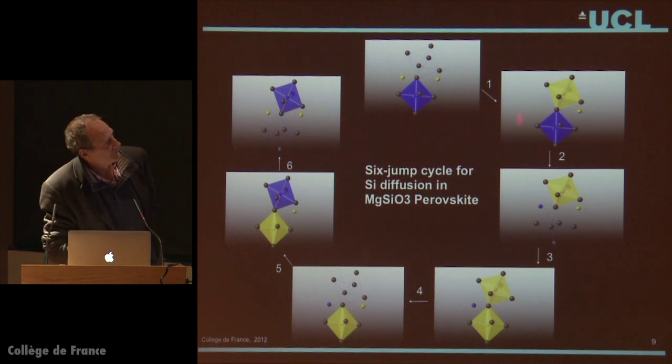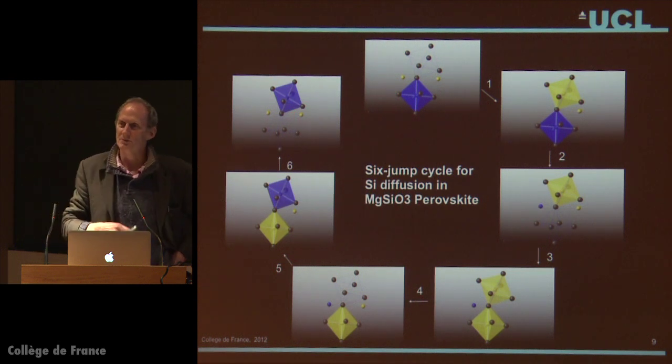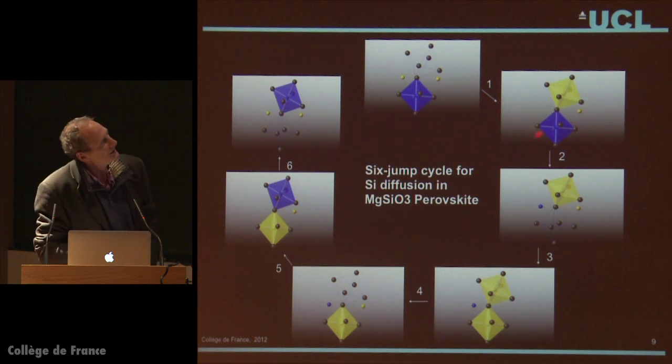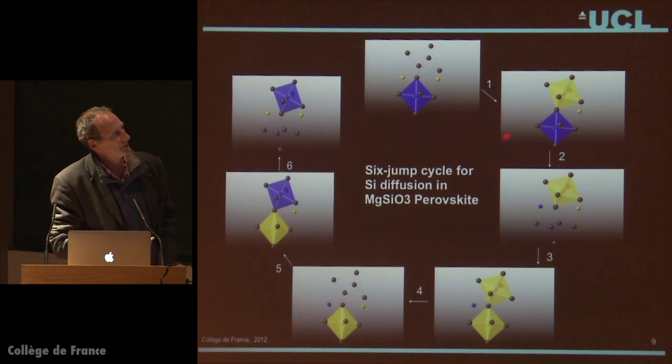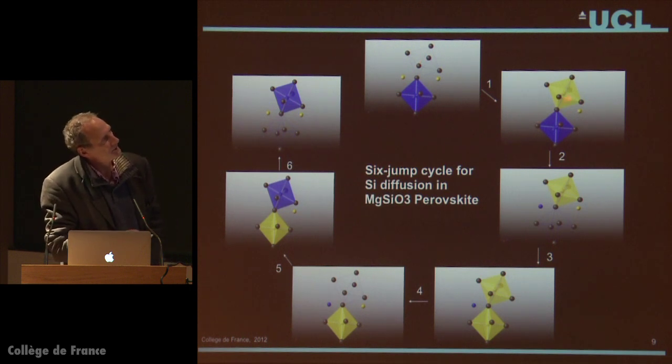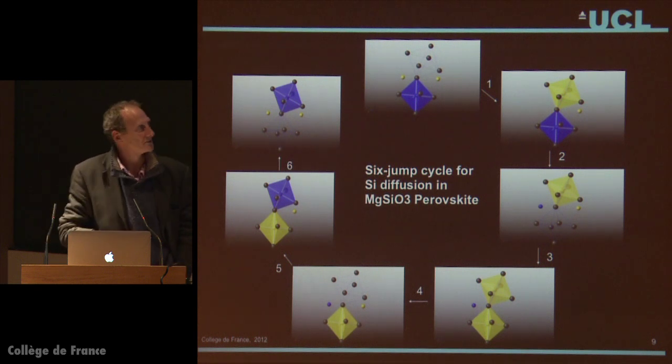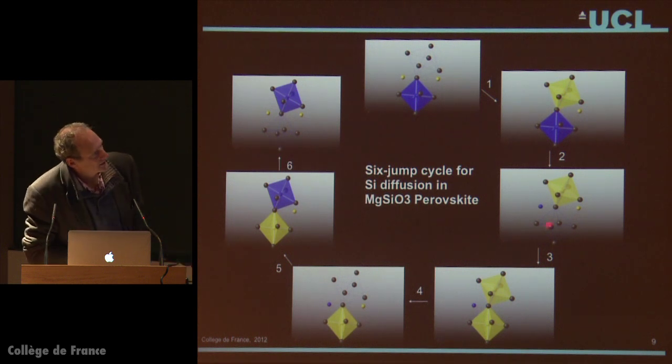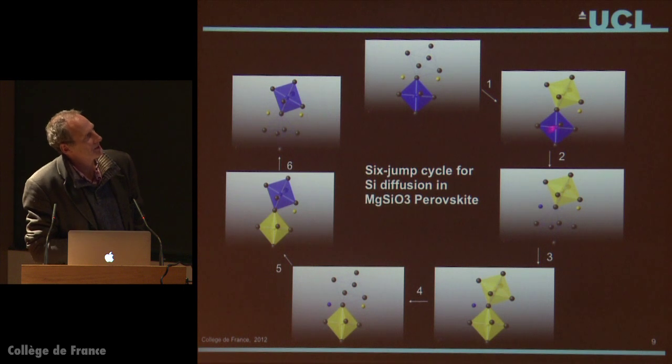what happens is you have this 6-jump cycle, which is quite interesting. The first thing that happens is the magnesium jumps into the silicon site, and you now have a magnesium vacancy and a magnesium in the silicon site. The next thing that happens is, with this other magnesium here, the silicon jumps out of its octahedra into the interstitial site.